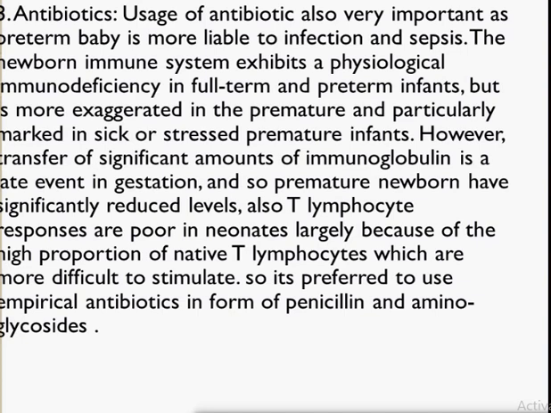The second line is cellular immunity, which depends on T lymphocytes. T lymphocytes in the premature baby are called naive T lymphocytes. What does naive mean? Still immature. Immature means it's more difficult to stimulate. So all our lines of immunity are impaired, and it's preferable to use empirical antibiotics in the form of penicillin and aminoglycoside.